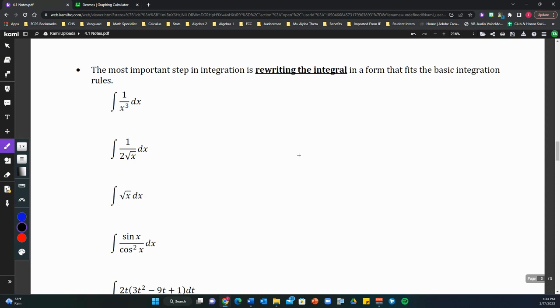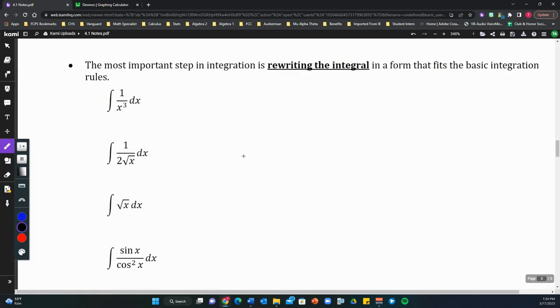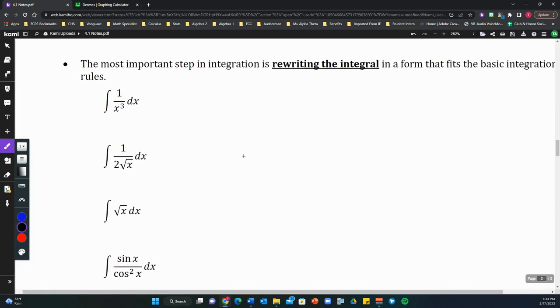So for example, integral of 1 over x cubed dx, that doesn't fit the rule of anything the way that it's written right now, but we could simply rewrite this as x to the negative 3rd dx. Now it fits to the power rule, and now we can use the power rule. Now remember, we're adding, so this is a little trickier with these negative exponents.